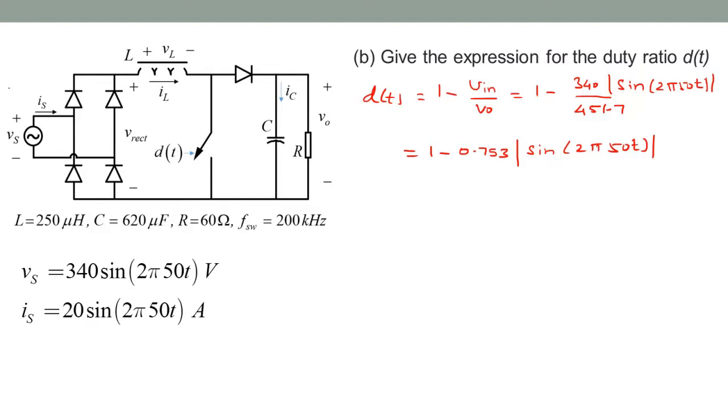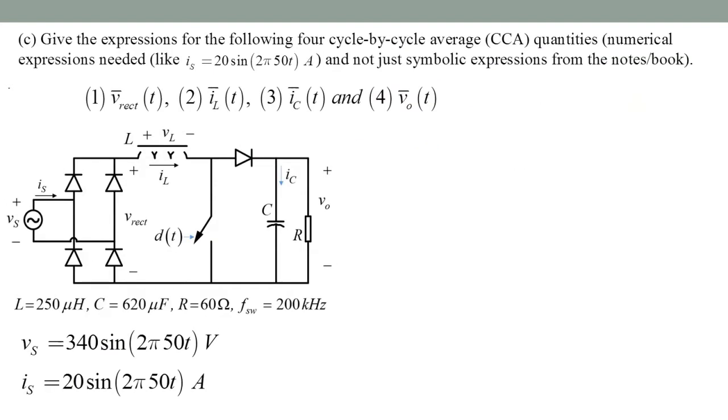Okay, then as part C, we are asked to write the expressions for all of these cycle by cycle averaged quantities, CCA. So CCA always refers to averaging over one switching period. That is a basic definition.